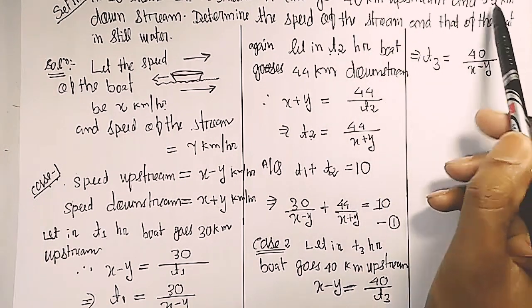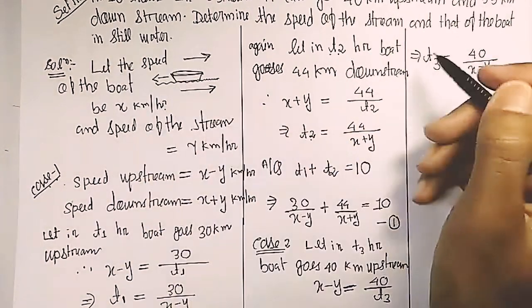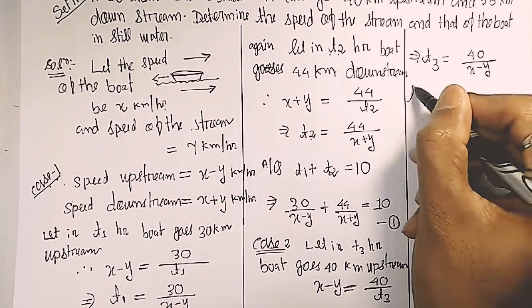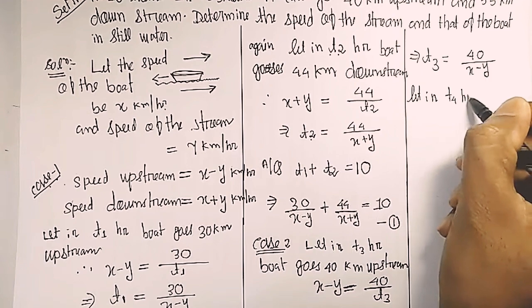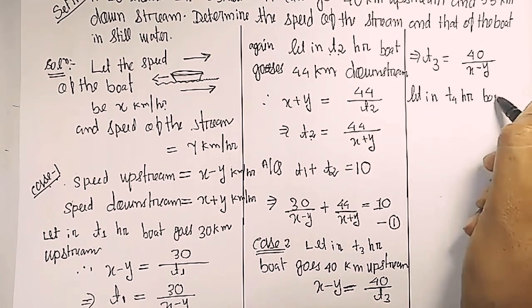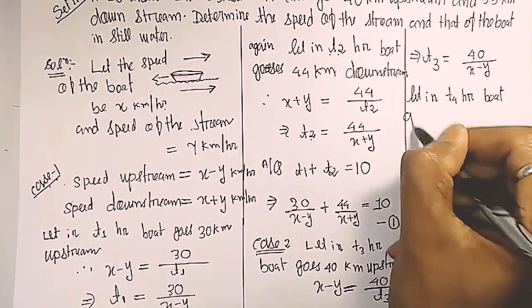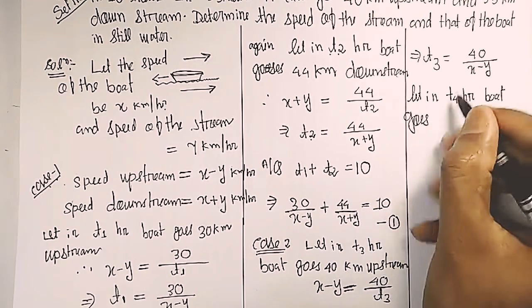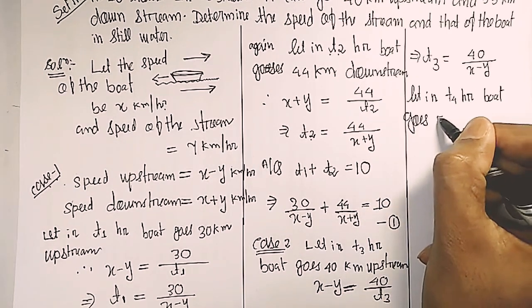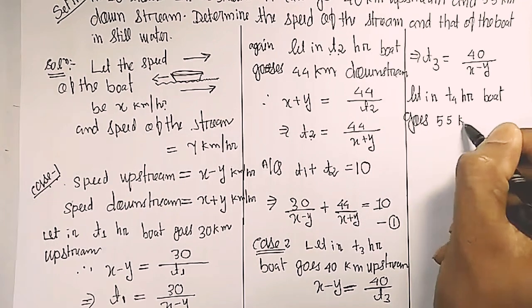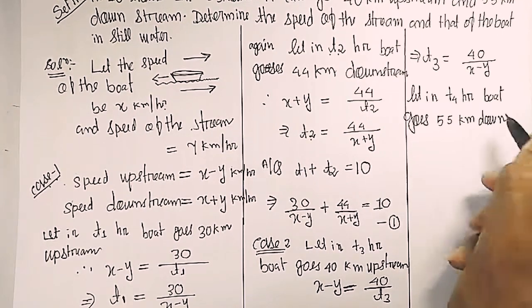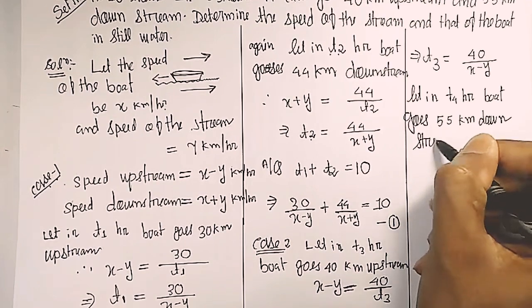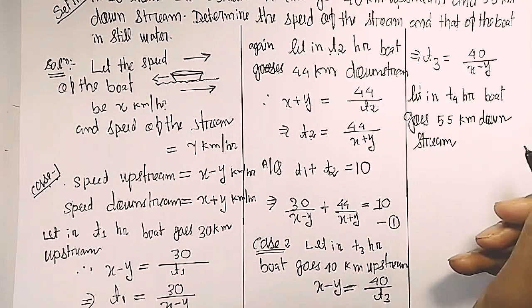Similarly, 55 kilometers downstream. So let in T4 hours the boat go 55 kilometers downstream.